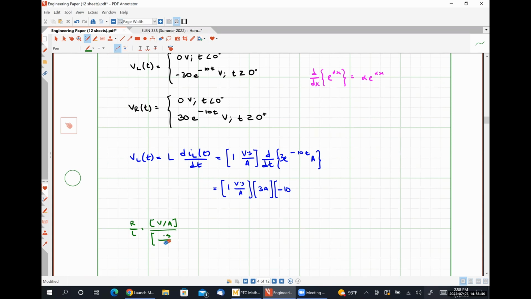I got it backwards. So that's volts per amp multiplied by amps per volt second. Volt cancels volt, amp cancels amp, and we're left with units of per second.